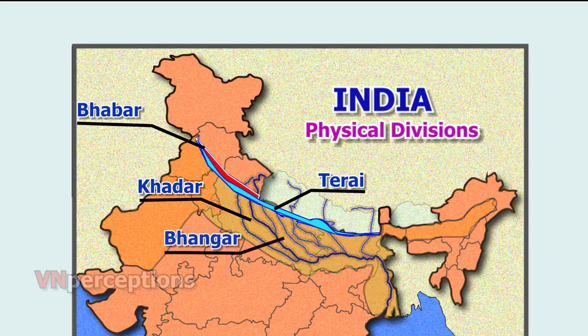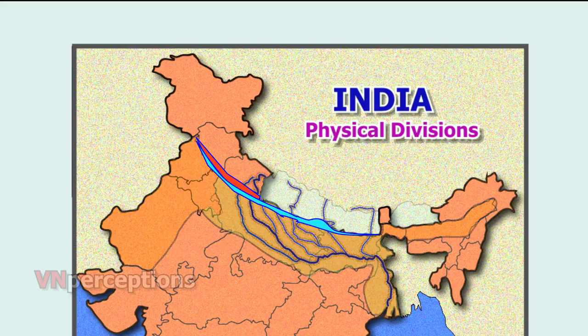The rivers in the northern plains are responsible for formation of various geographical features such as Doab. The region lying between two rivers is known as Doab. For example, river Ganga and Yamuna form Doab.